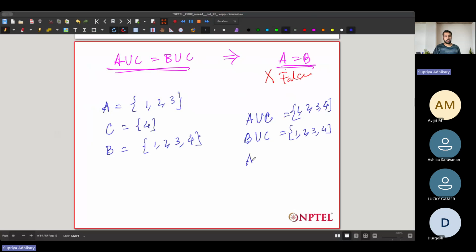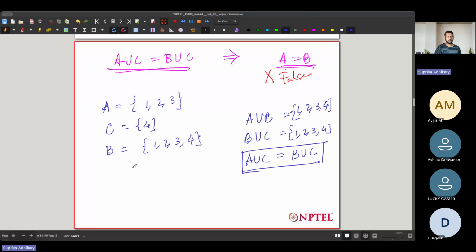That is, for this example, A union C is equal to B union C. But that does not imply that A is equal to B, because A does not have the element 4 and B does have the element 4. So A is not equal to B. We have an example where the hypothesis is true but the conclusion is not, so this is false.